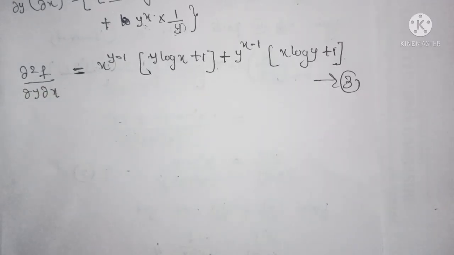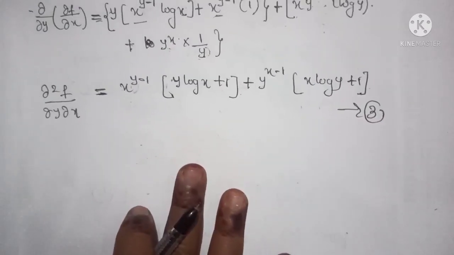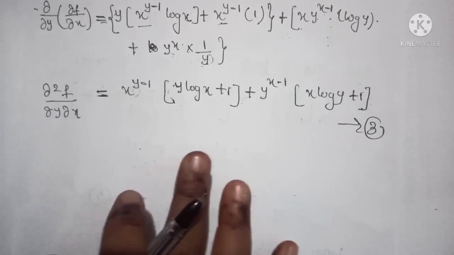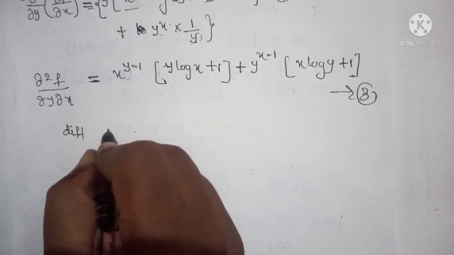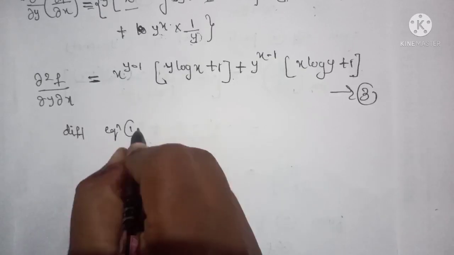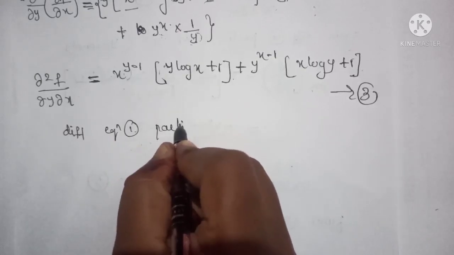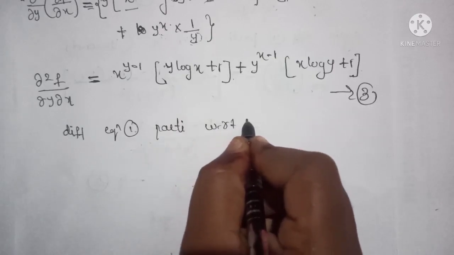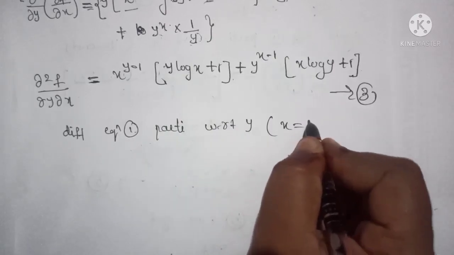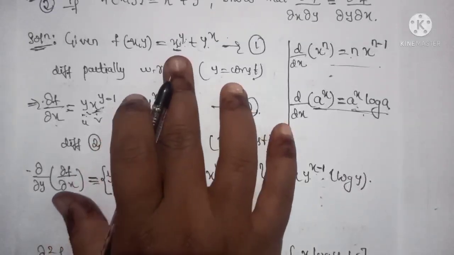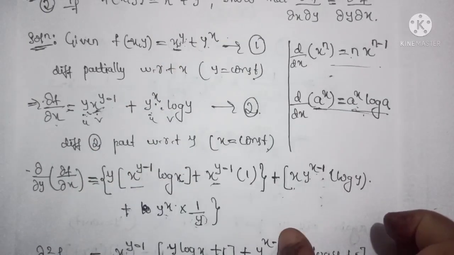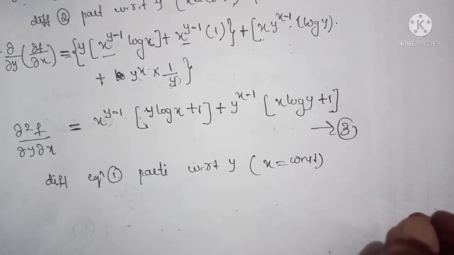Now we again differentiate equation 1 with respect to y. Differentiating equation 1 partially with respect to y, here x is constant, right? So equation 1 is this one, that is the given function.